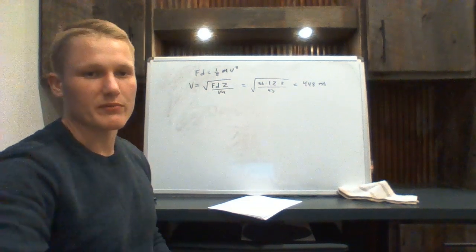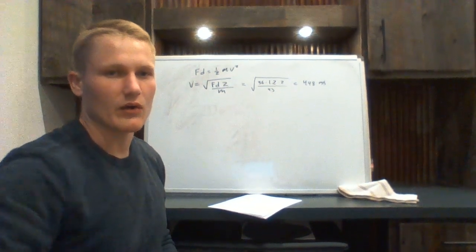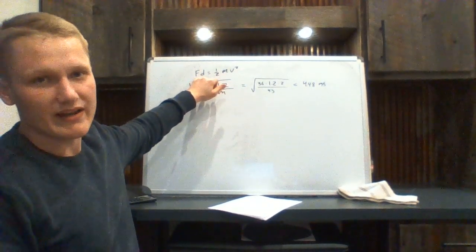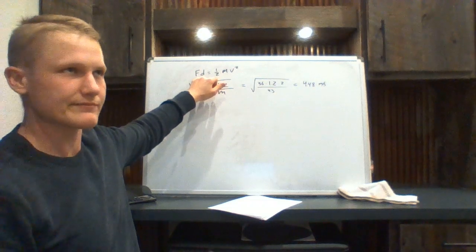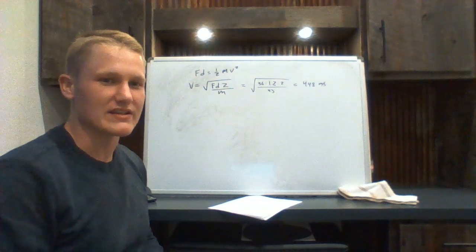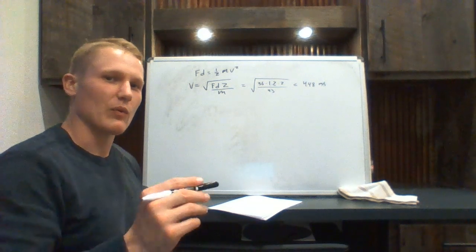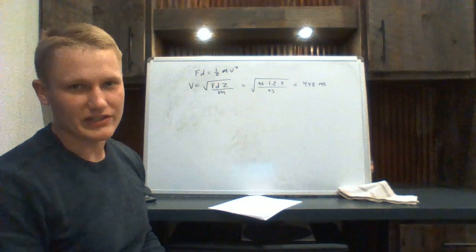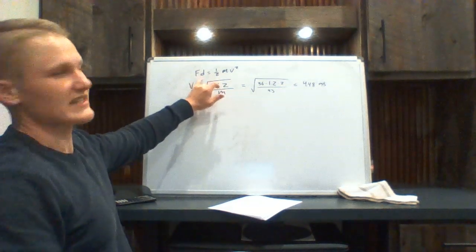For part B, we're going to use the same equation, but we're going to use our net work. So we have to find our work done from the force of the dog and the force of the friction, combine the two and plug it into the side of the equation.